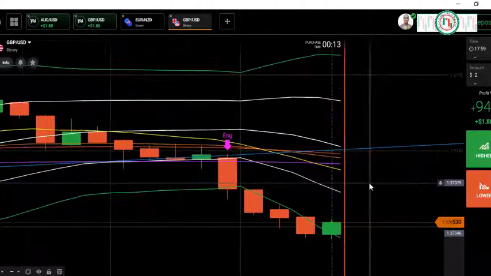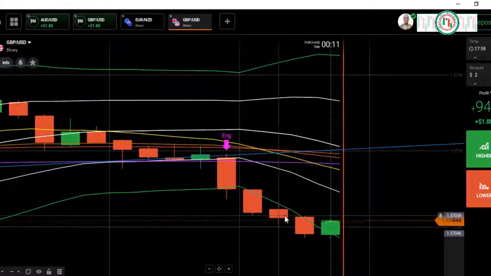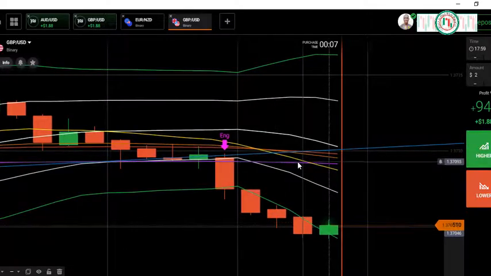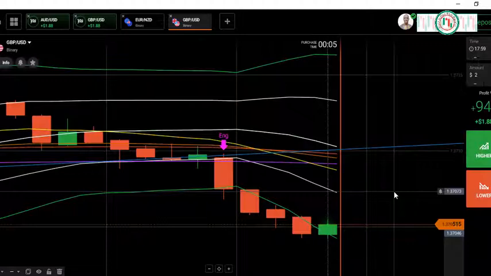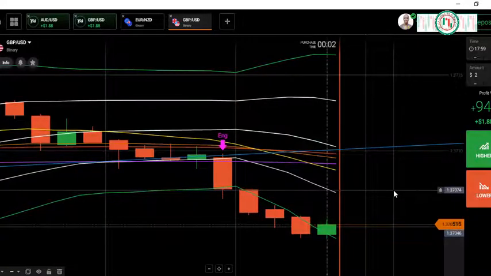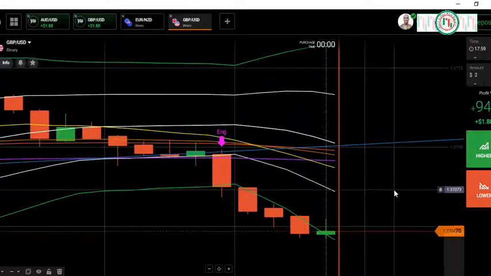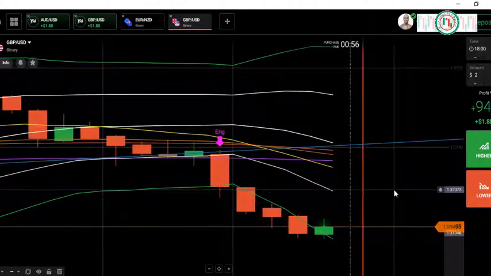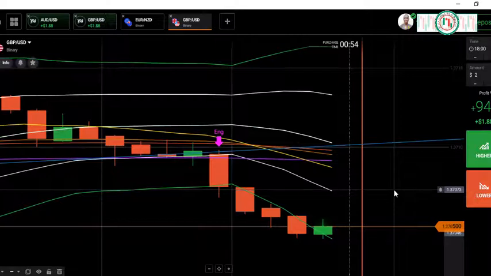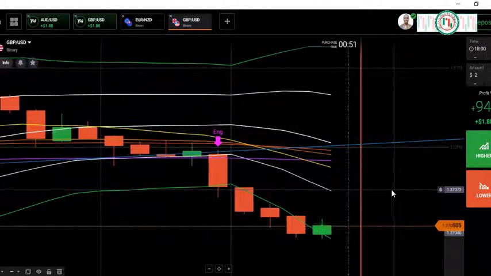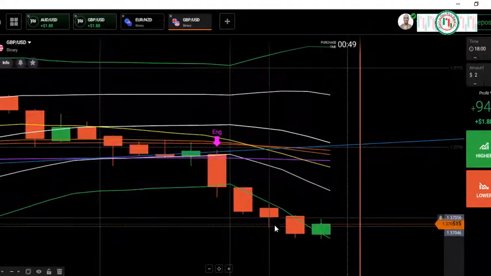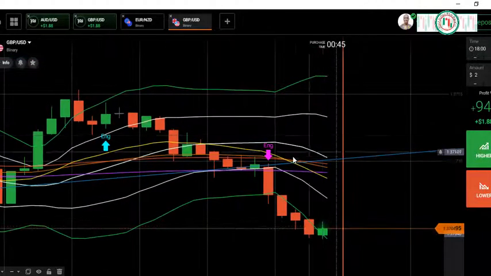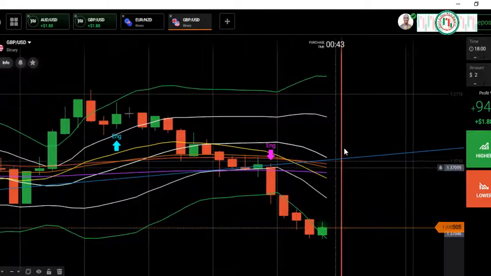This is an exhaustion candle. The 200 EMA is flat. Maybe the market is trying to reverse from this level. Yes. Strong momentum.